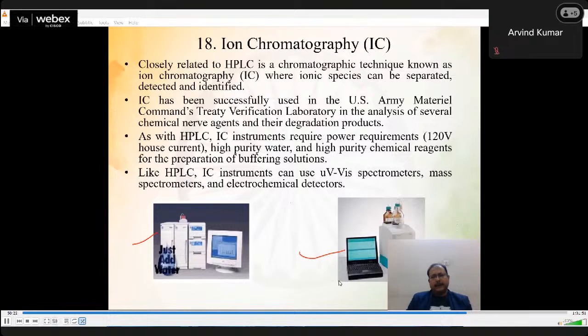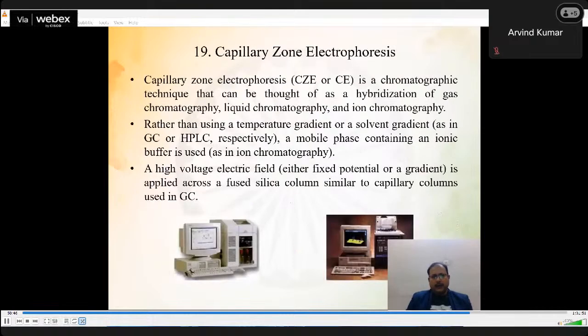It is basically known as ion chromatography, where ionic species can be separated. As in HPLC, you can also see the detection mechanism and separation. Here also there is separation, but ionic species are used as the sample material, and based on the properties of the ions only, we separate the samples in IC.